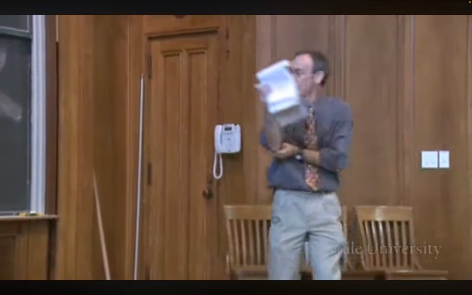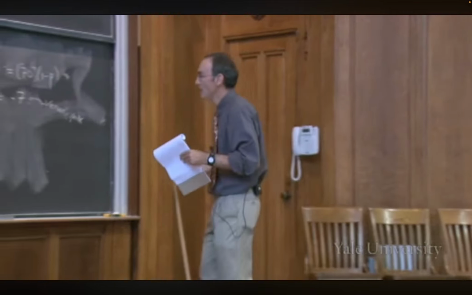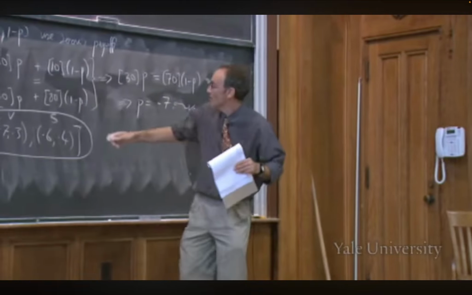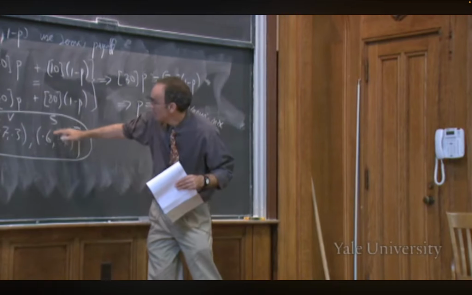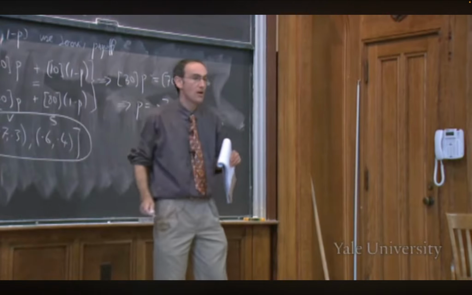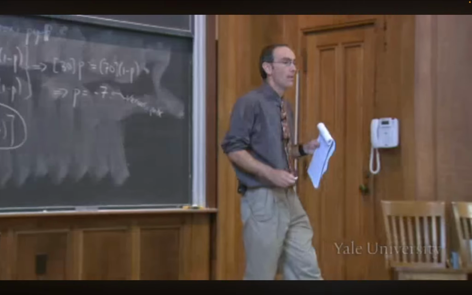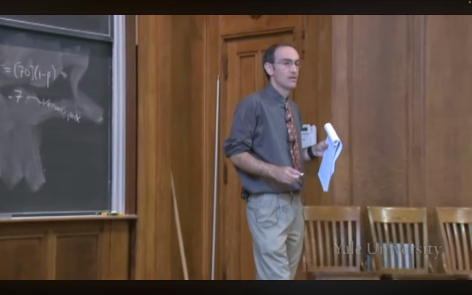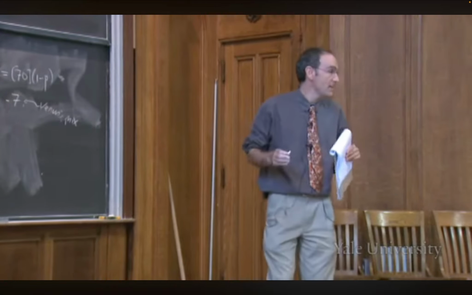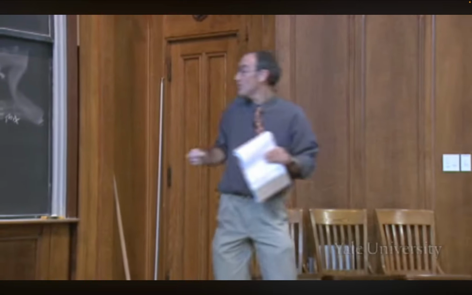Suppose you're Venus's coach, and suppose you've observed the fact that Serena leans to the left more than 0.6 of the time. What would you advise Venus to do? Yeah, pass to the right. Pass to the right, exactly.